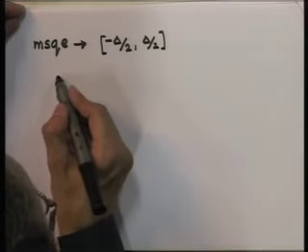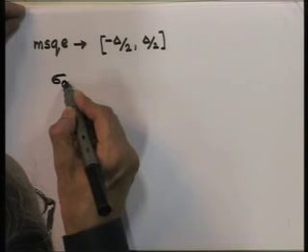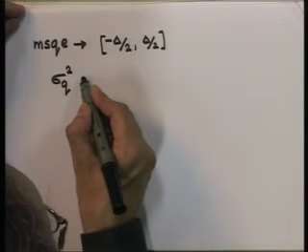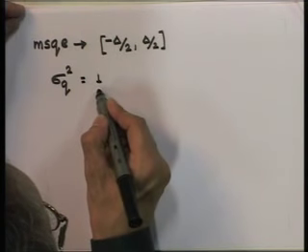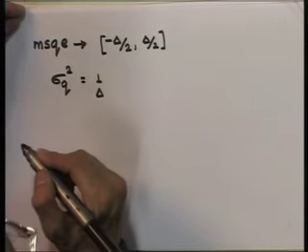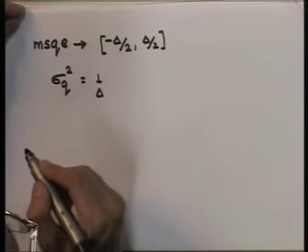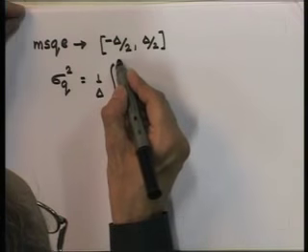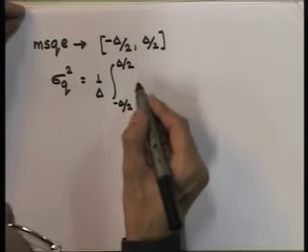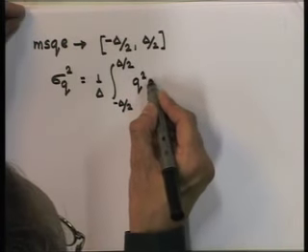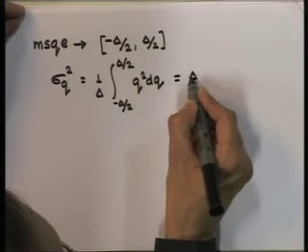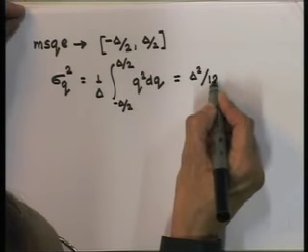And if we calculate this, we get the mean square quantization error as 1 by delta, which is the PDF of the uniform random variable q, integrated over minus delta by 2 to plus delta by 2 of q squared dq, and this is equal to delta squared by 12.